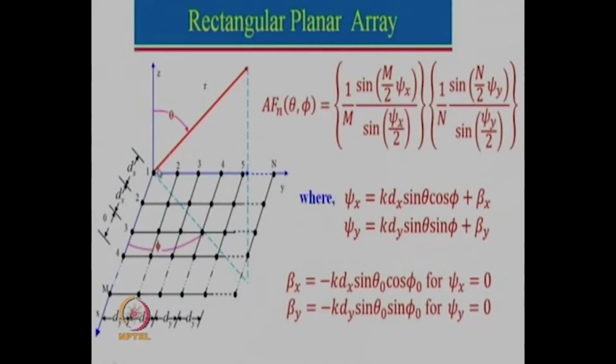If I take this as 0.7 lambda, and this also as 0.7, the diagonal length will be square root 2 times this, which is almost lambda. So we may satisfy the condition along the x axis or y axis, but along 45 degrees I will have a problem of grating lobe. So generally we do not take more than 0.7 for this spacing.